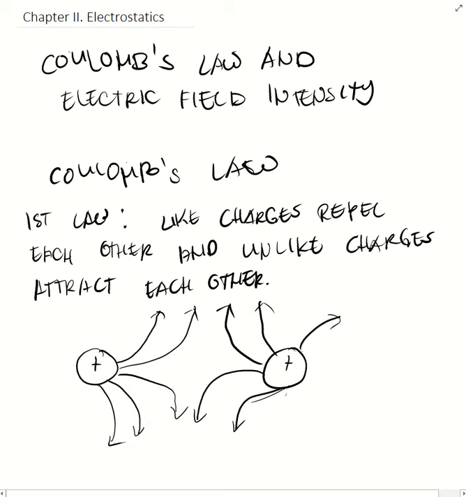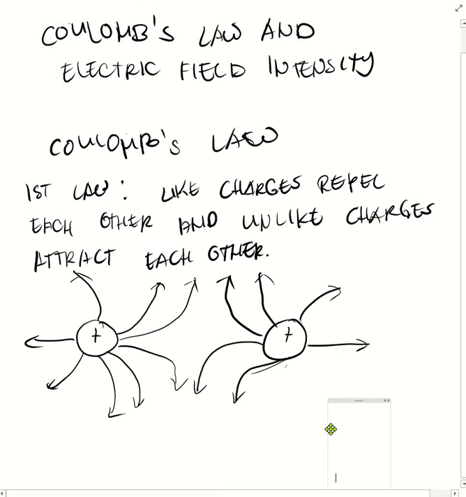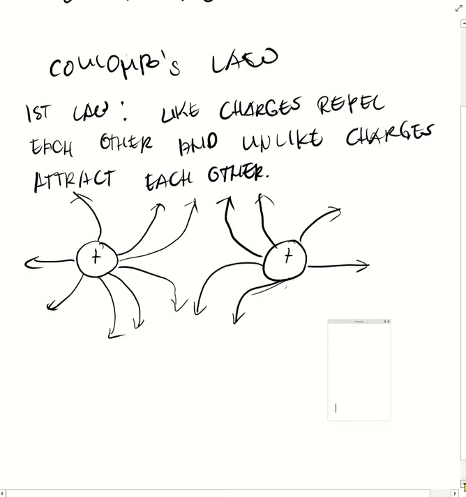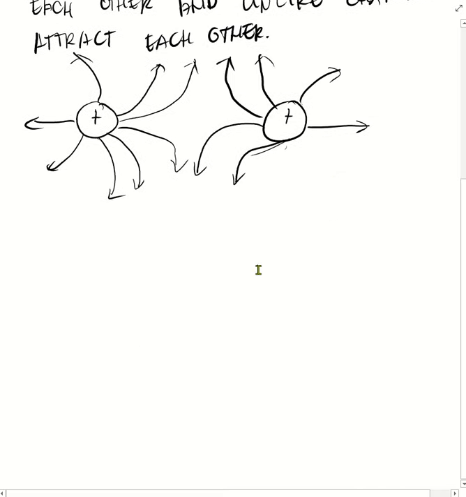The direction of the force will be outward, because they are repelling each other. Because they have like charges, they are both positive. This is also true if they are both negative.